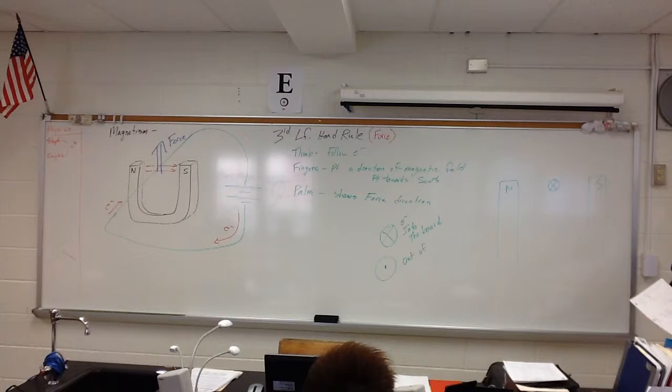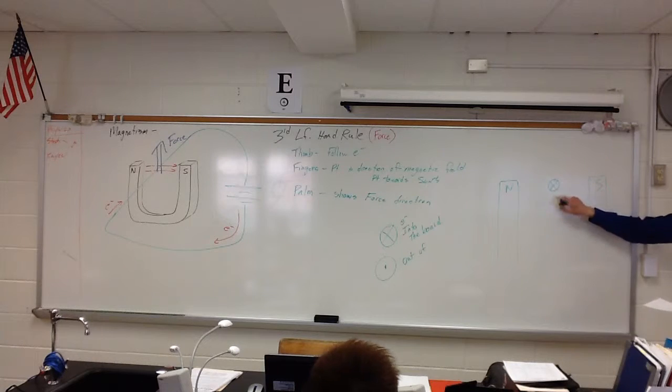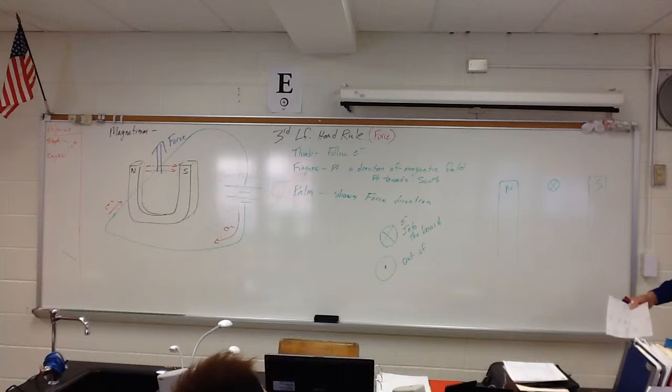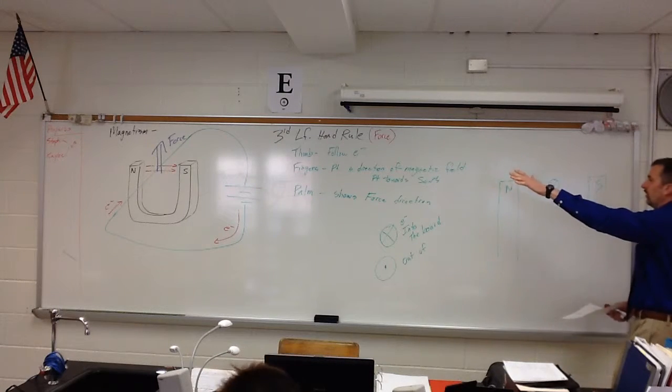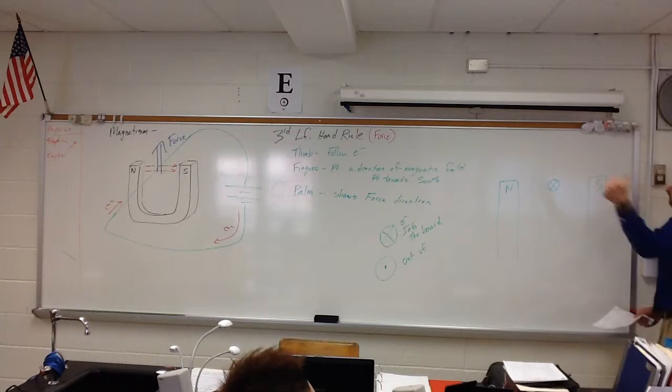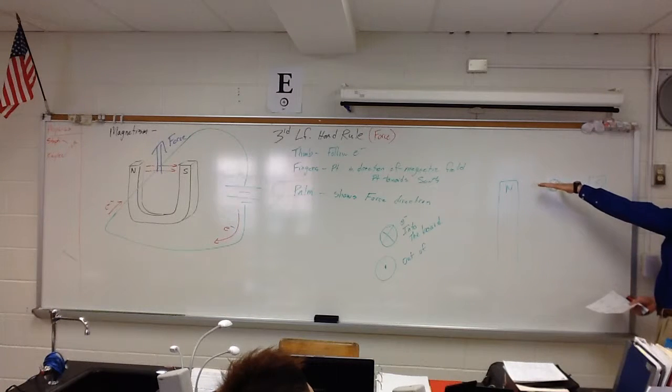We can see there's a north and a south, and we deduce that there's going to be a force exerted on this flow of electrons. So let's figure out which direction it is. Third left-hand rule. Thumb points in the direction of the electrons, so my thumb is definitely going into the board.